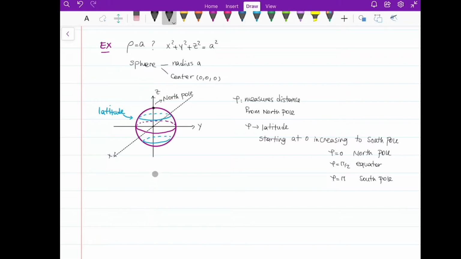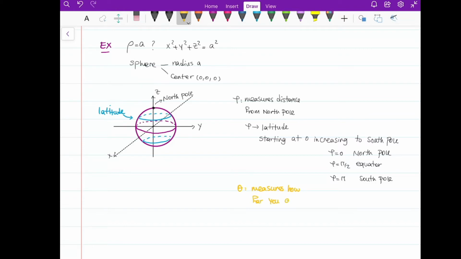Right? And now looking at theta, theta measures what? Theta measures the distance from the positive x-axis. So it measures how far you are on the east or west.